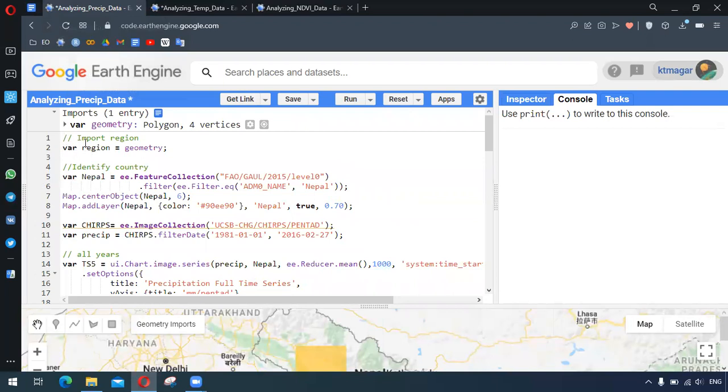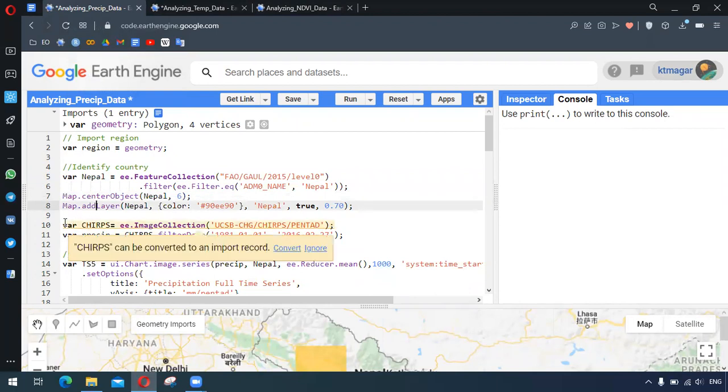These concepts have been covered in the previous videos as well, if you have followed. So here we are assigning the geometry to the variable name region. We are selecting the country name, Nepal, from the feature collection, filtering the administration name, that is Nepal, and we are centering the object with the zoom value 6, and adding this as a layer.